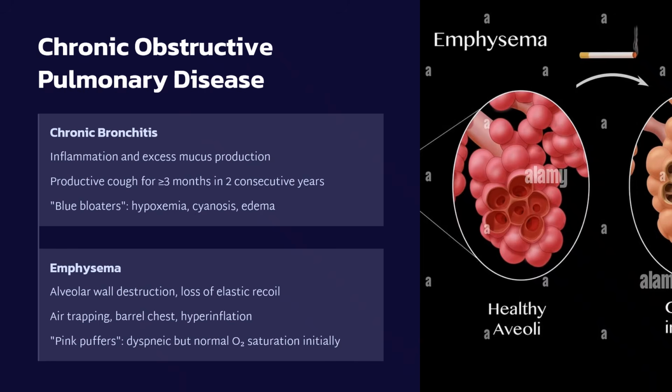They are dyspneic but still with normal oxygen saturation initially, and they go into distress secondary to decreasing O2 supply. Your COPD's most common cause is smoking. So part of our nursing advisory for our patients is to stop smoking, especially for those who are in their middle age bracket.